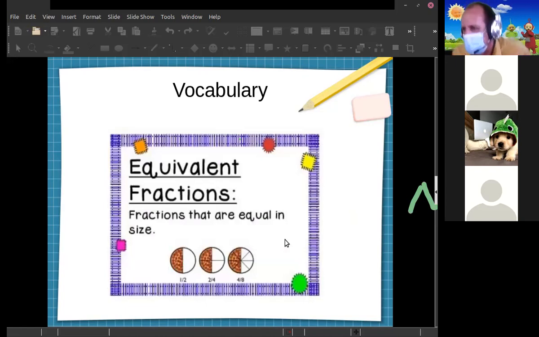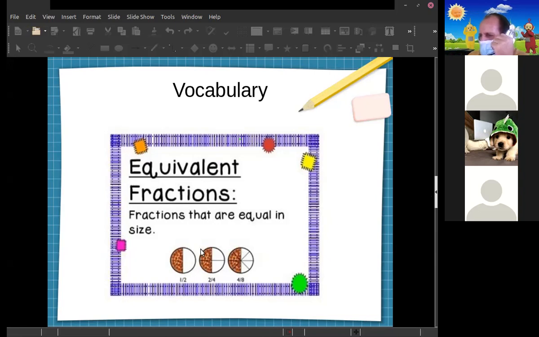Equivalent fraction. Equivalent fraction is when I have the same amount, but different pieces, different fractions. You see in the graphic, you have the same amount. So we say equivalent fraction, but divided into different fractions. As an example, denominator 8, 4, or 2.